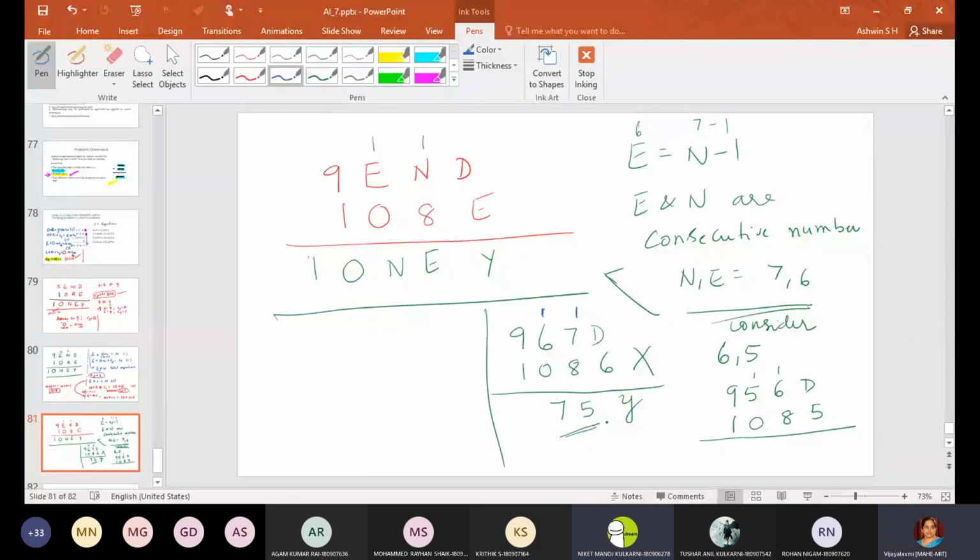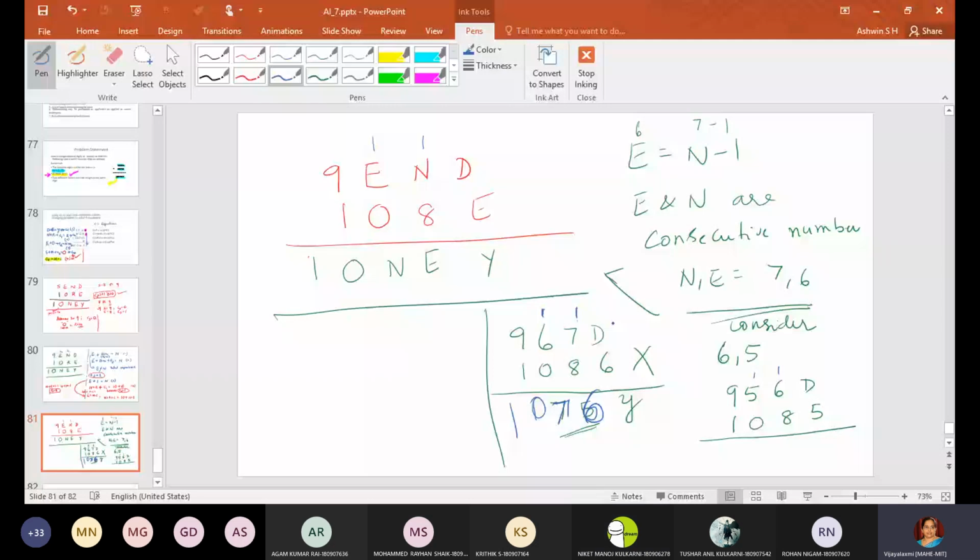So this is Y, this is 6, 1, 7. This will be 1076Y. Correct, no? Here 8 plus 8, 16, plus 1. Yes, it's 1076Y.